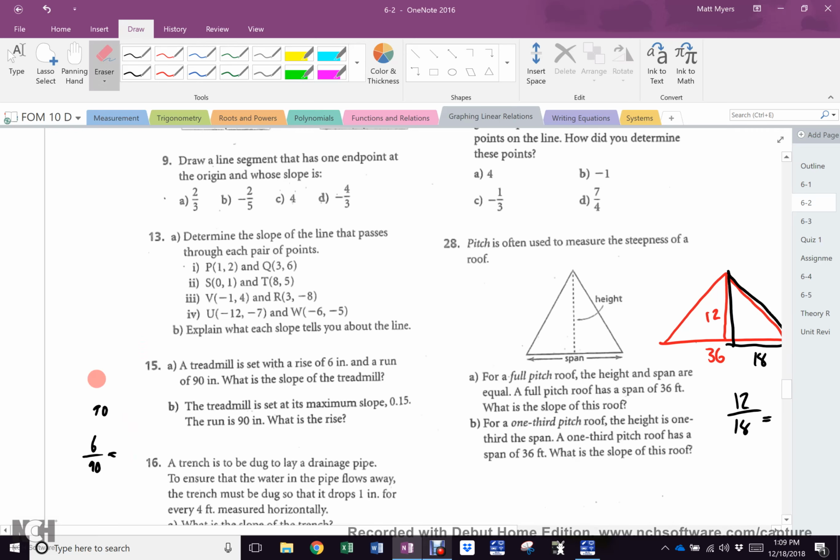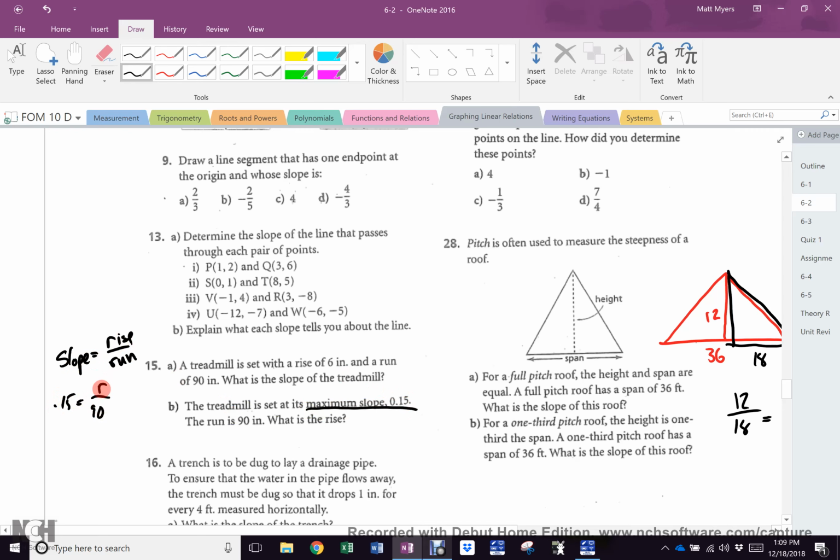Okay. So slope equals rise over run, correct? Okay. The treadmill is set at its maximum slope, 0.15. So it says right here, the slope is 0.15. Slope, 0.15, equals rise. I don't know what rise is, but I know my run is 90.